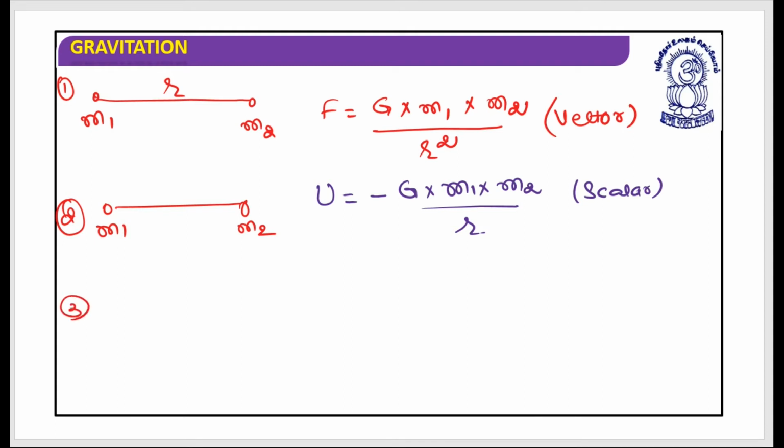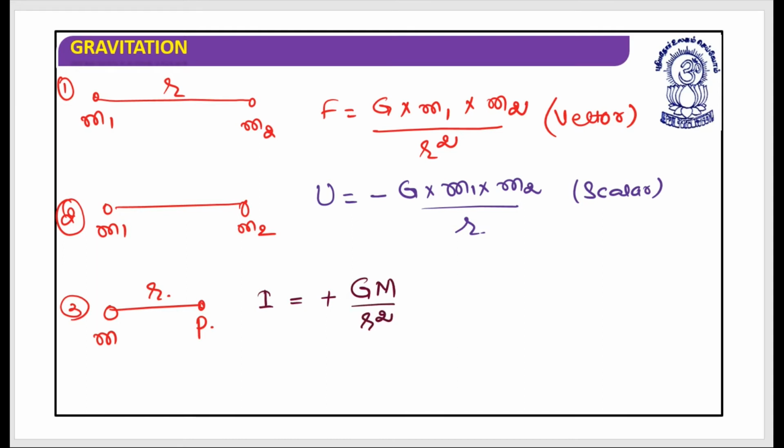Next, about the gravitational field. This is the field due to point mass m at location P, which is at a separation of r. This is generally defined as I, or sometimes they have defined it as E as well, but generally it has been defined as I. That would be equal to minus or plus GM divided by r square.